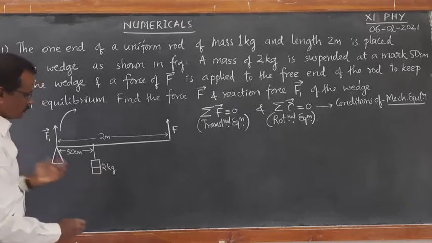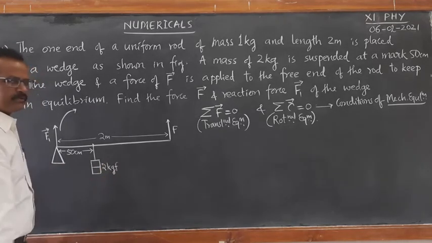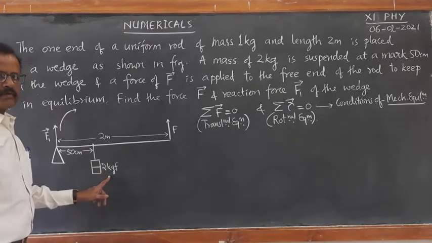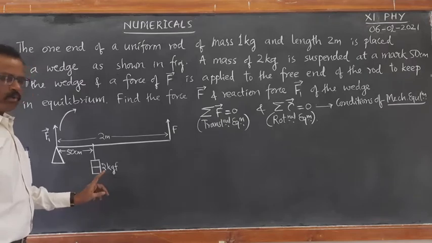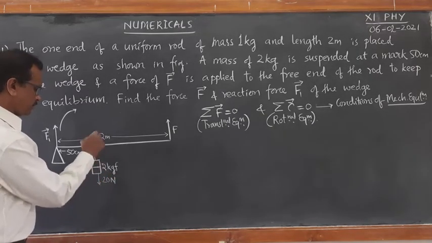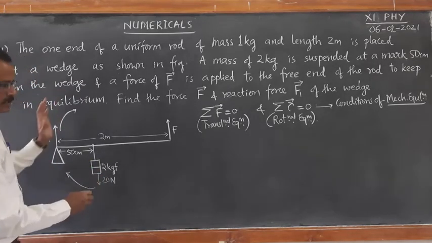And this load of 2 kg has a weight of 2 kg force acting vertically downwards. If you take acceleration due to gravity as 10, it becomes 20 Newton acting vertically downwards. So this also tends to turn it clockwise.